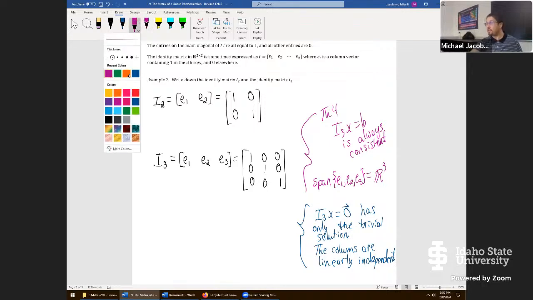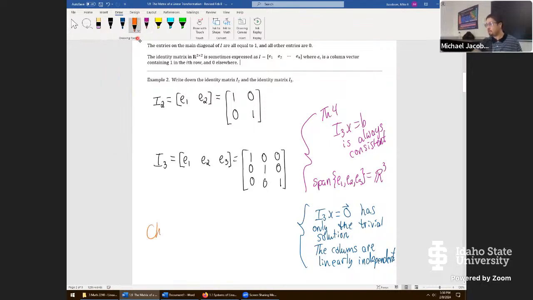This is what we're going to say later on in chapter 4. e1, e2, e3 is the standard basis for R3. And it's a basis because we found linear independence of those columns, and they also spanned the entire space of R3 itself.